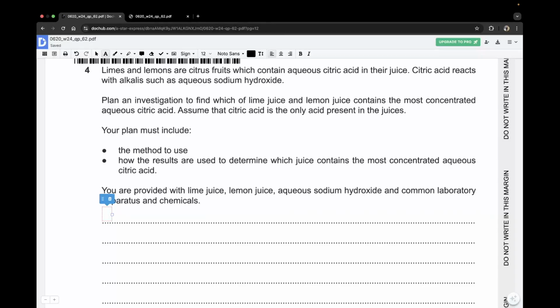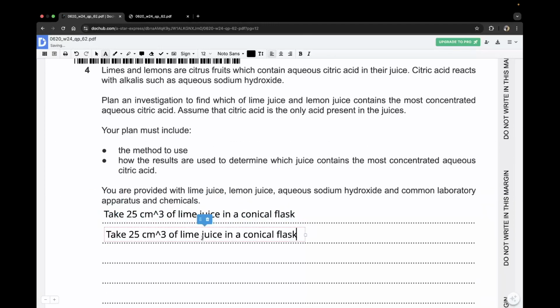You can say: take 25 cm³ of lime juice in a conical flask, right? And in the exact same vein, be really detailed, 25 cm³ of lemon juice in another conical flask.